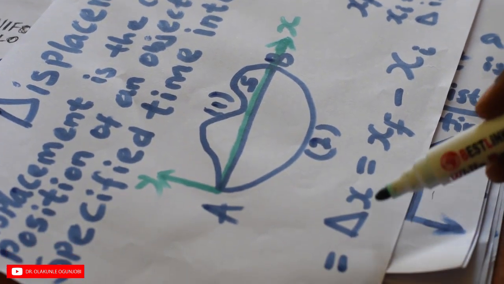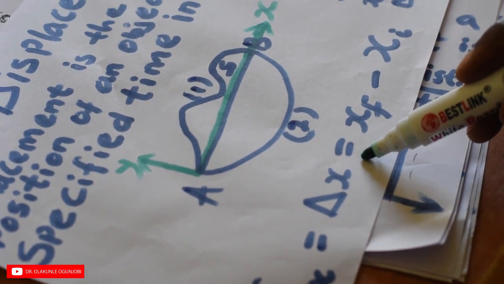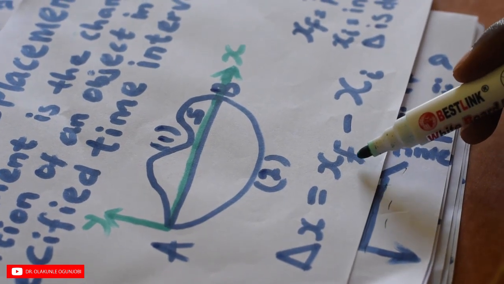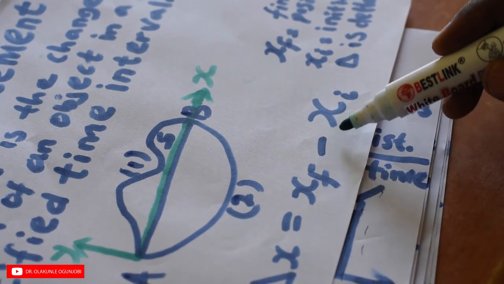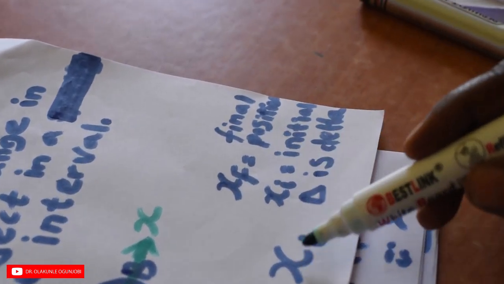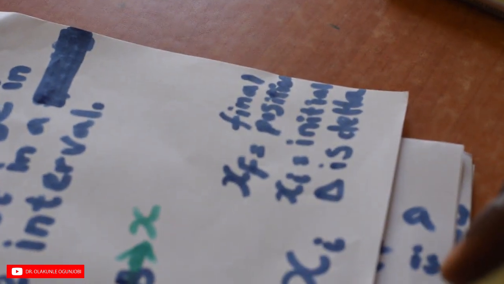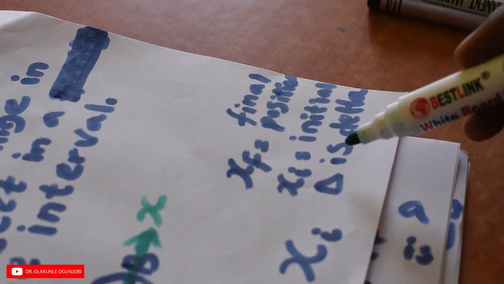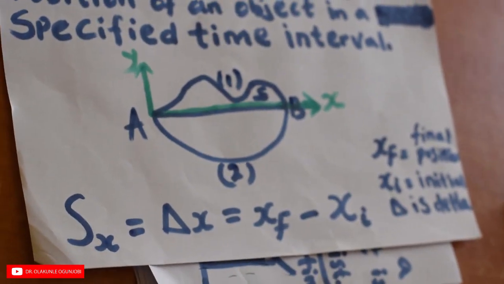It equals the change in x, which means the final position at x minus the initial position. Are you getting that? Your final position is x subscript f, and x subscript i is the initial position.